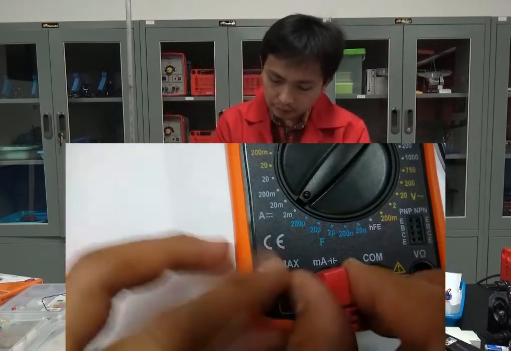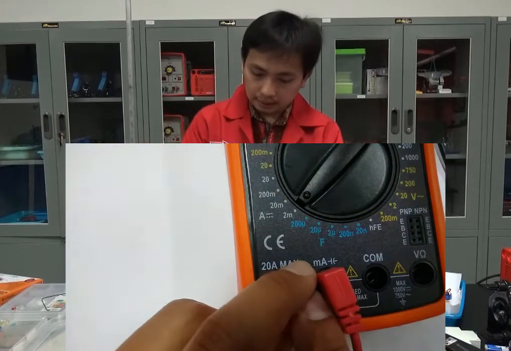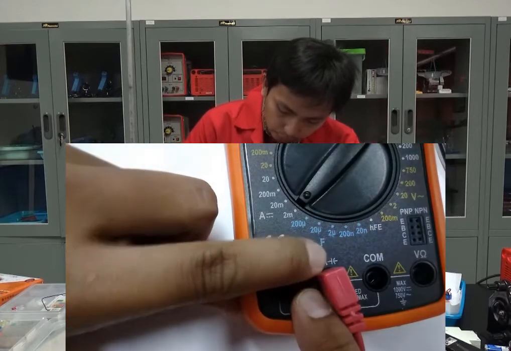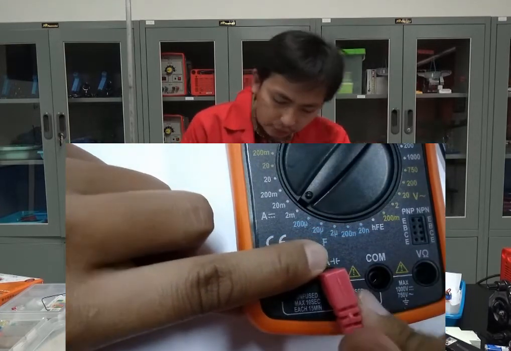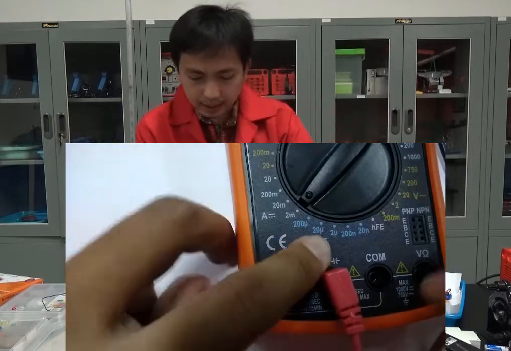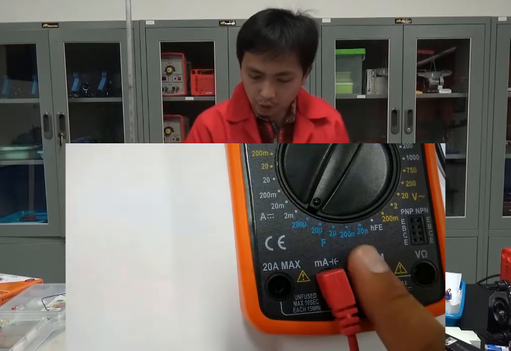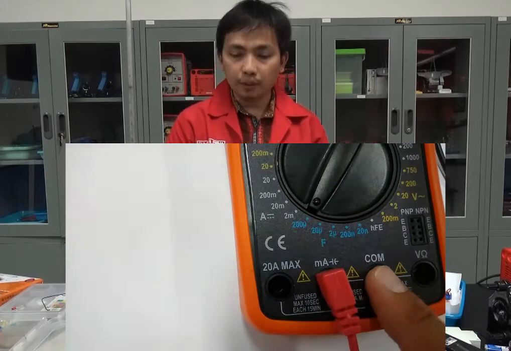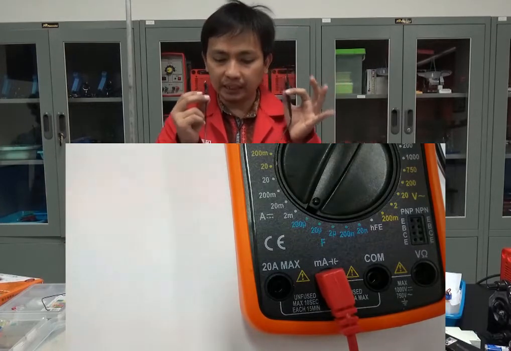So this hole we use to measure current. The symbol of parallel lines here is the symbol for capacitor, so we can use it for capacitors, while the common must be used for all measurements. This probe is for the negative plug.